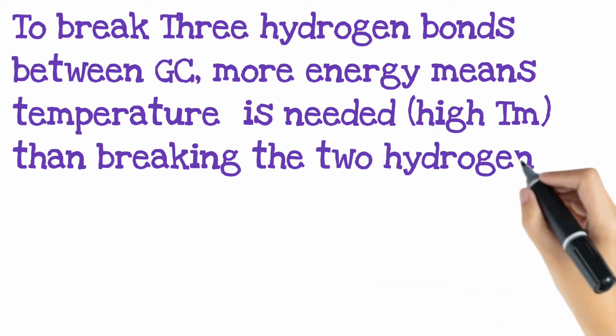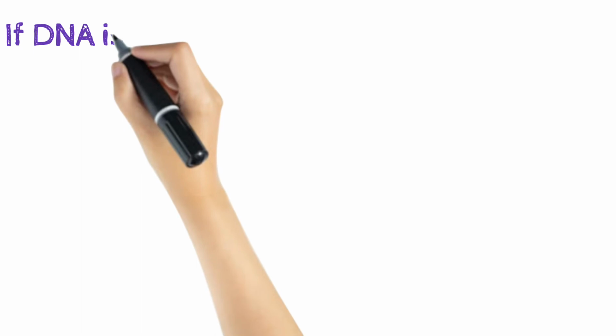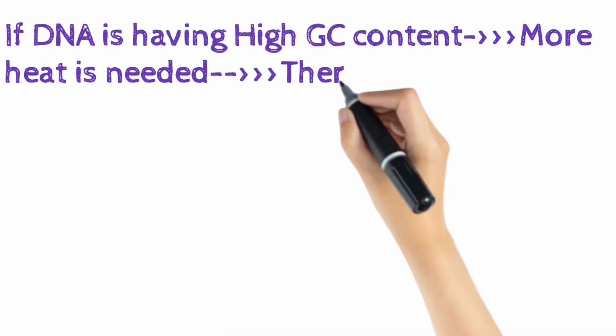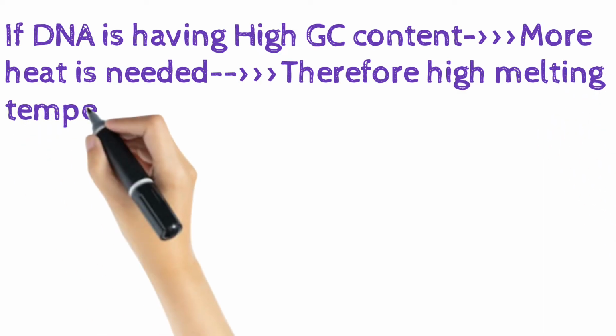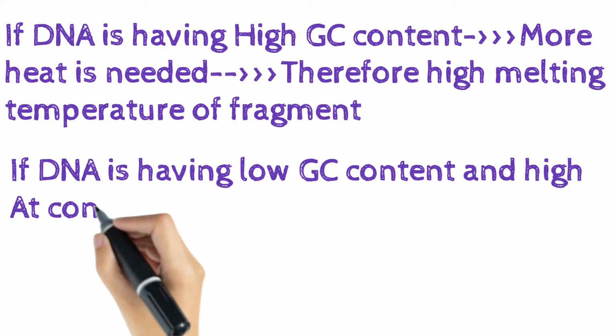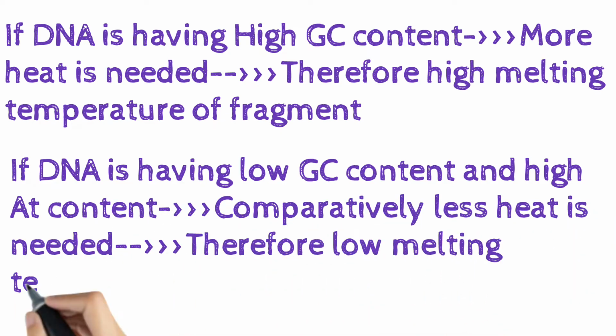So a GC bond needs high temperature, that is, Tm will be higher than for an AT bond. So the sequence which has high GC content will have high melting temperature, and the sequence having the highest AT content among the given sequences will have a lower Tm value.